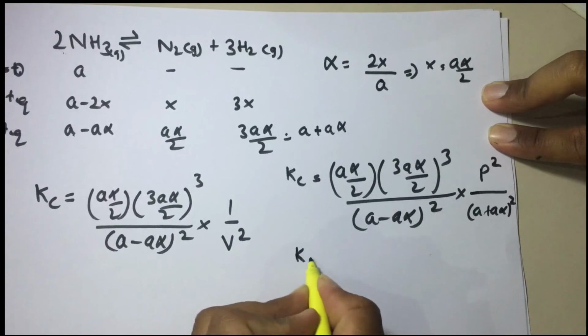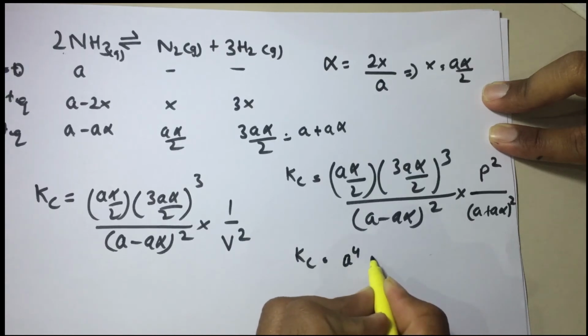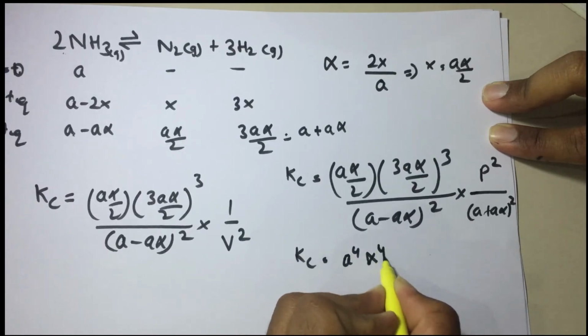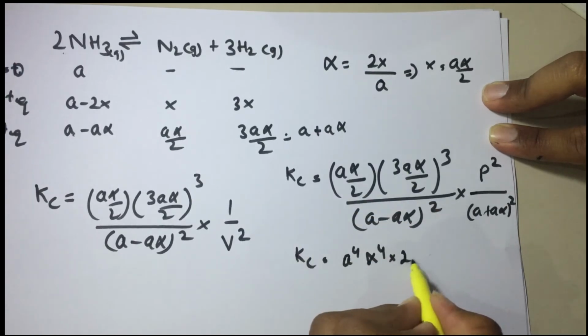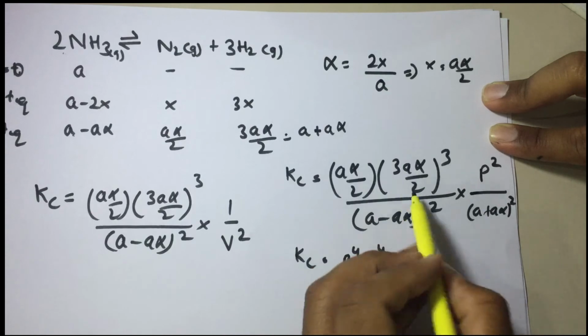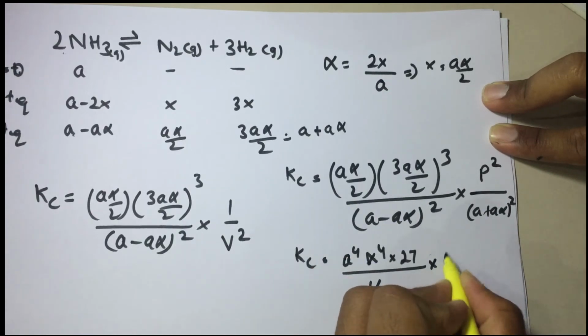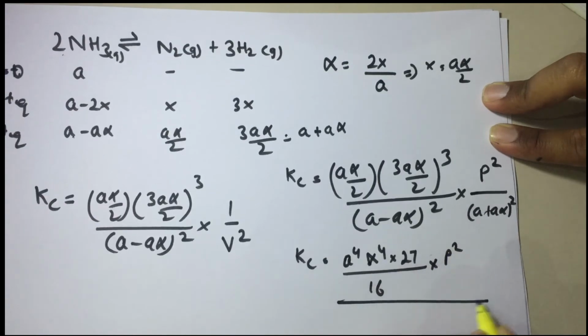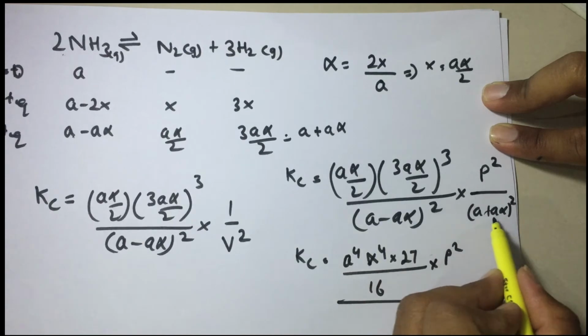Okay, so Kp will be A to the power 4 alpha to the power 4 multiplied by 3 to the power 3 is 27. Here we have 8 into 2, 16, into P square. In the denominator we have A square common from this part and A square common from this part.